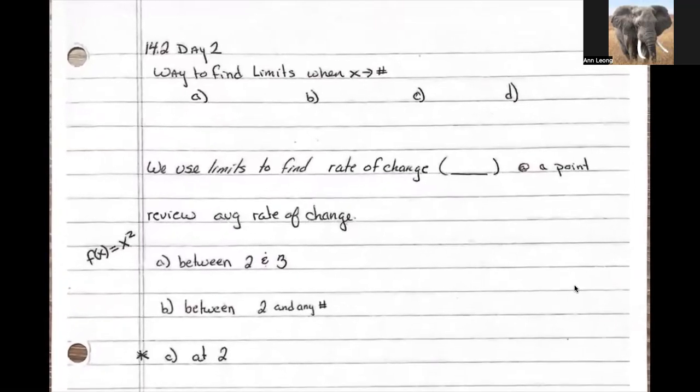All right, so we're still talking about limits. And just a reminder, different ways that we can find limits when x approaches a number is we can look at the graph and visually see where that limit is approaching. We can plug that number into the function, and if it comes out with the limit, it comes out with the limit.